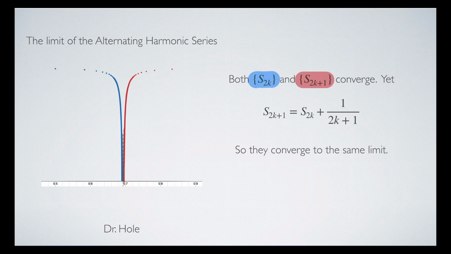To clearly see that they're going to converge to the same limit, we can express an odd indexed partial sum as an even indexed partial sum plus the next term. As k goes to infinity, this next term goes to 0. And as each of these is convergent, they must both, therefore, go to the same limit. In this picture, the limit would split the difference.